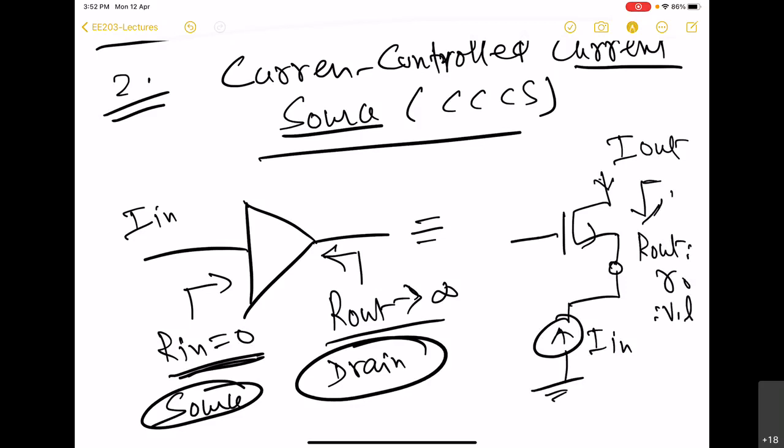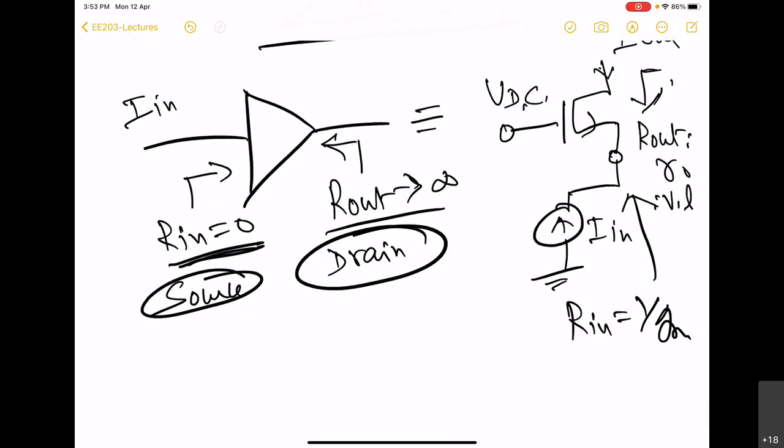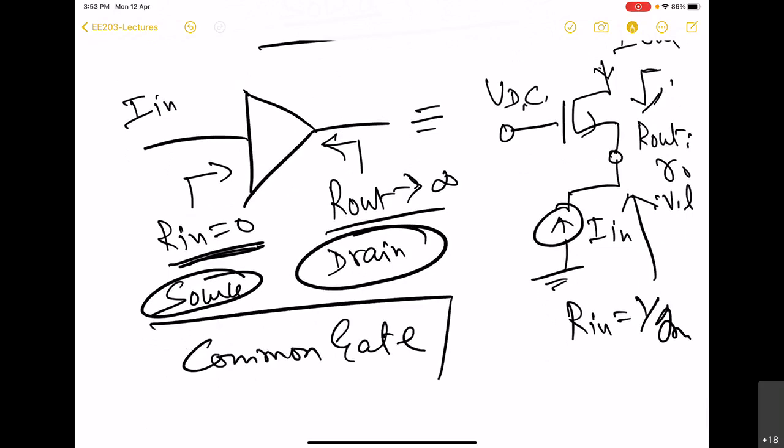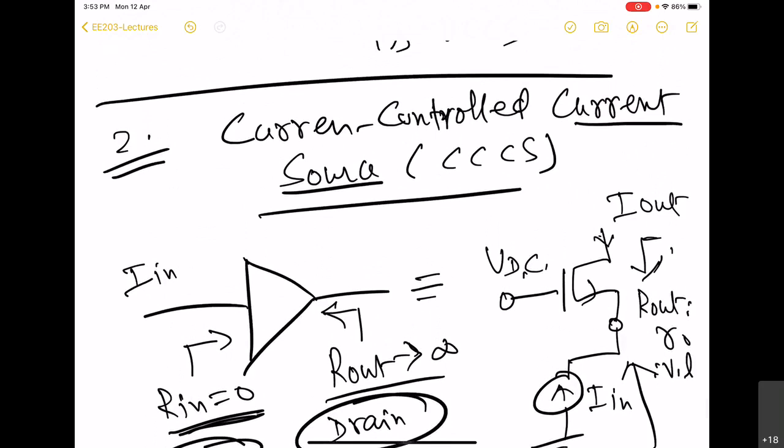And on the input side, R in is going to be 1 by GM, and the gate is of course going to be biased by DC. So what we see here is the common gate configuration. CG is the current controlled current source type of amplifier.